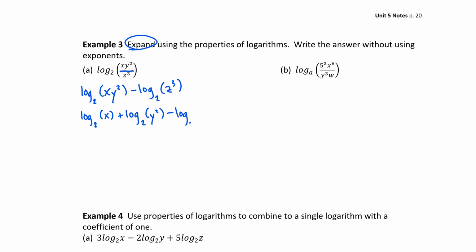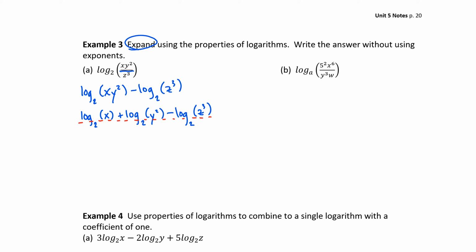And then I'll copy down the log base 2 of z cubed. Now remember, we're dealing with superscripts and subscripts, so be careful how you write it. The way you write it does affect the way you think about it. The base of the logarithm should be just below the baseline, and your exponents should be superscripts. They should look like exponents.